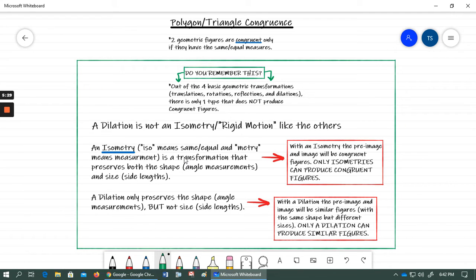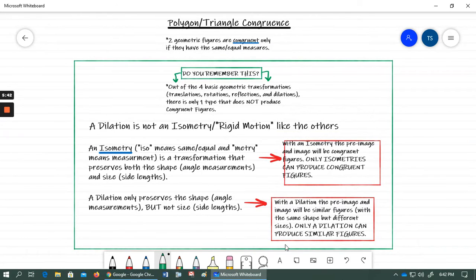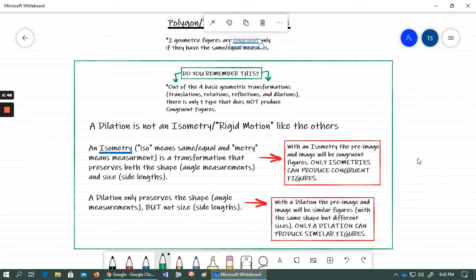And so we said that with an isometry, or with a rigid motion, the pre-image and the image will be congruent figures.